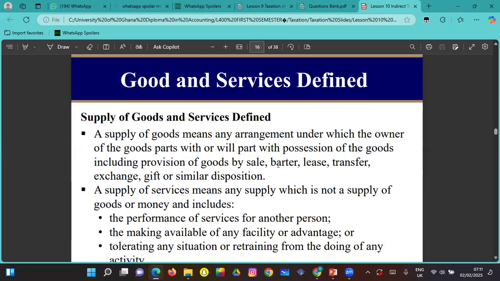So you are giving the goods out. It can be in the form of sales, barter, lease, transfer, exchange, gift, or similar disposition. So anything that will let the goods be out of your possession is a supply of goods.